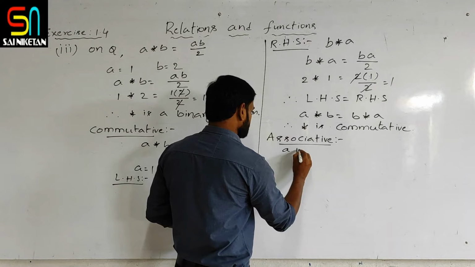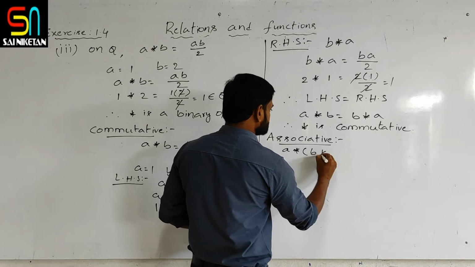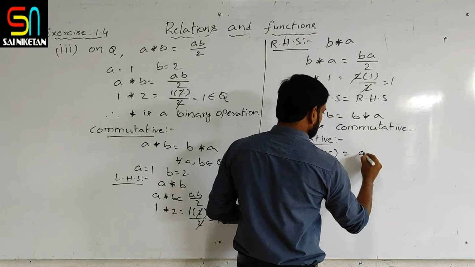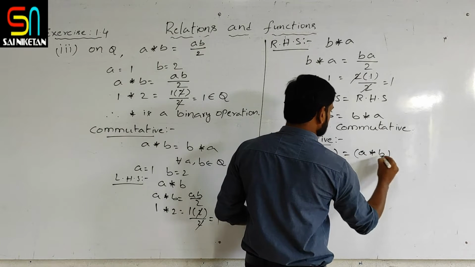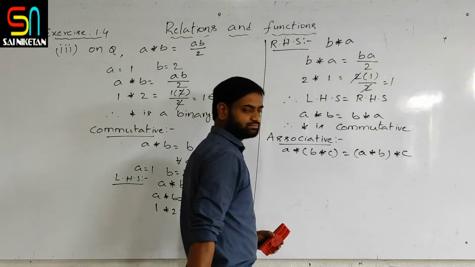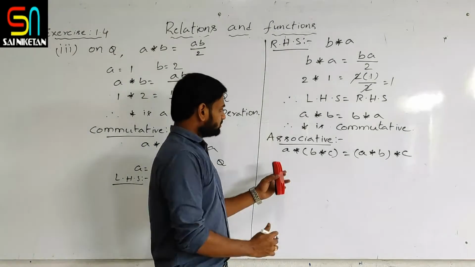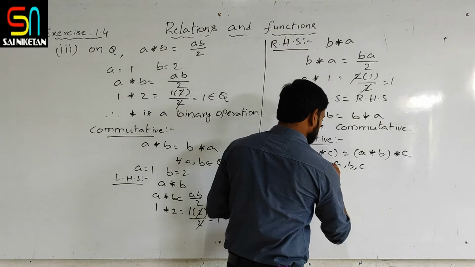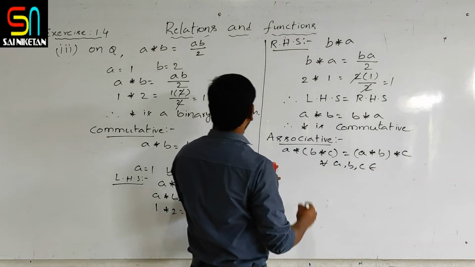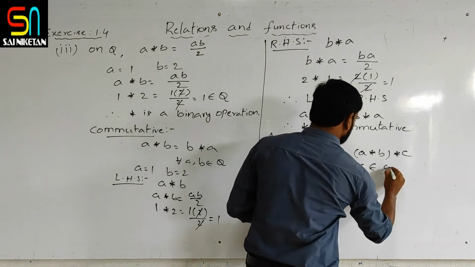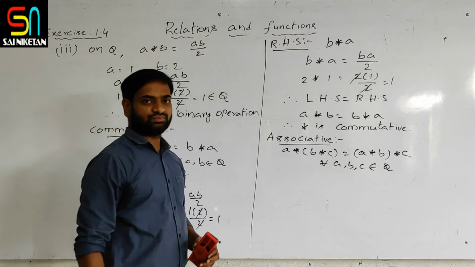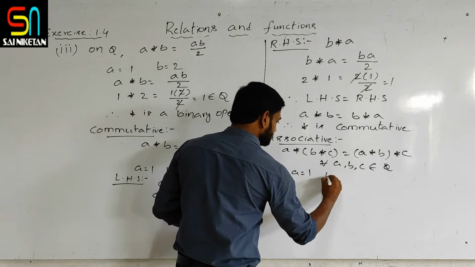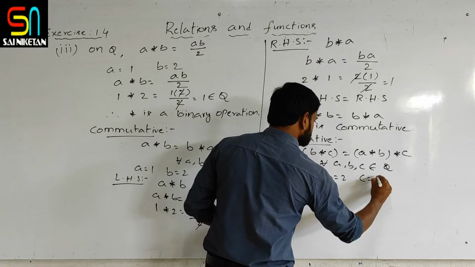A star of B star C should be equal to A star B star C. Now this A, B, C should belong to the given set, rational numbers. So I am taking here three values: A value 1, B value 2, C value 3.